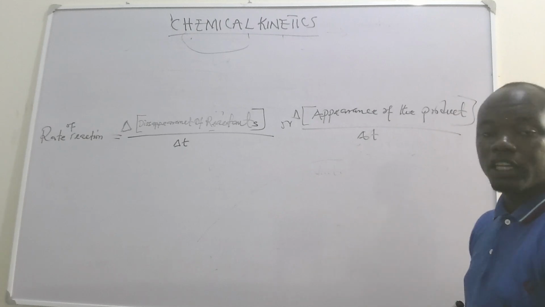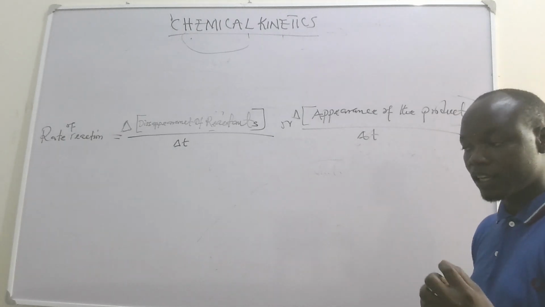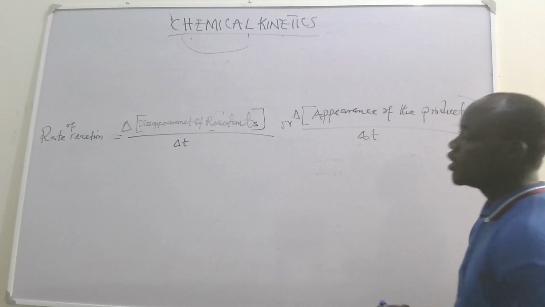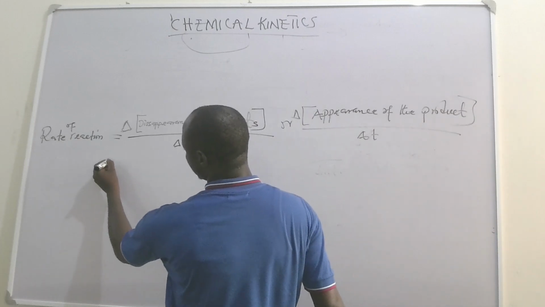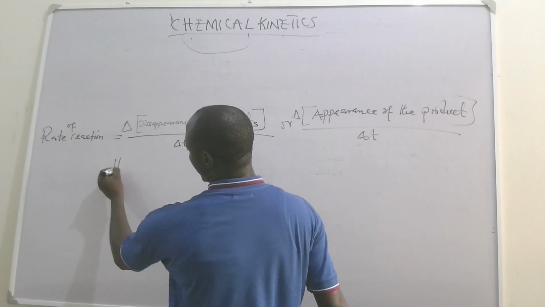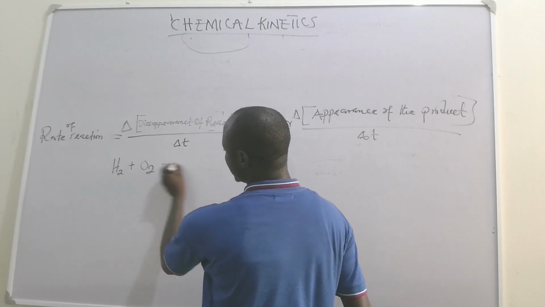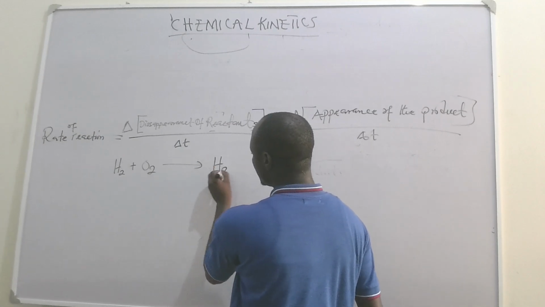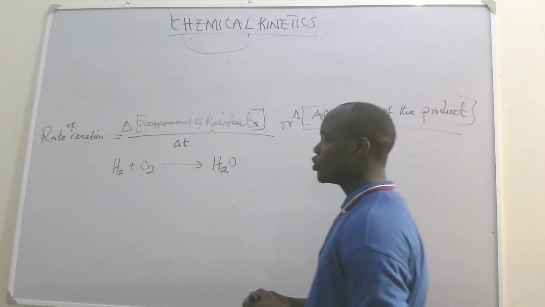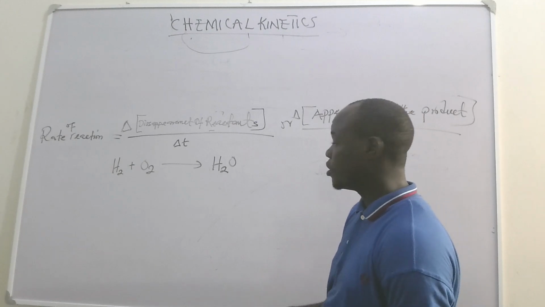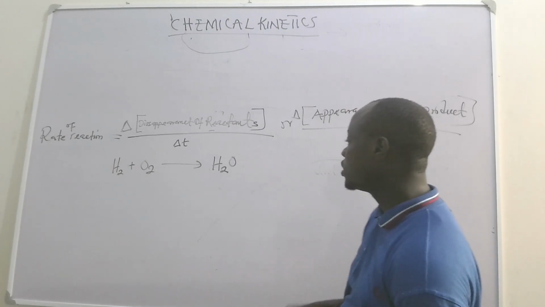Let us now take an example. Assuming now we have a reaction like this. Let's say we have H2 plus O2 giving H2O. So this is a reaction, but of course we have to balance the equation.